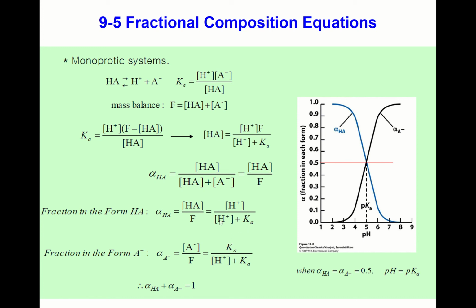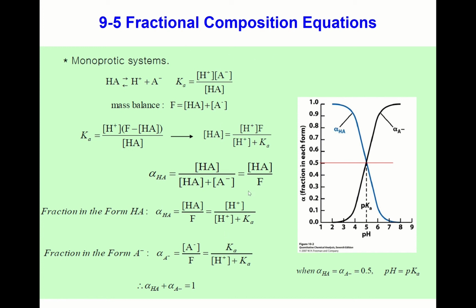A closer look shows it is expressed by only the proton concentration and the equilibrium constant. There is no initial concentration of HA or A minus. That doesn't matter actually. That's the beauty of this fractional composition.